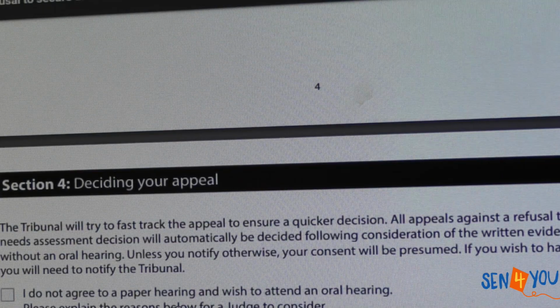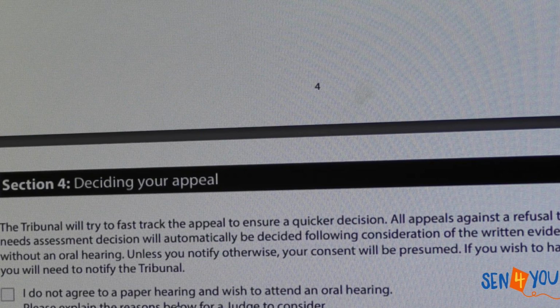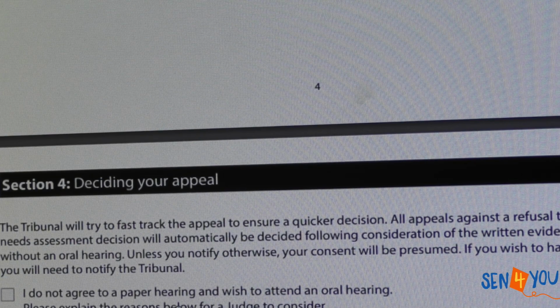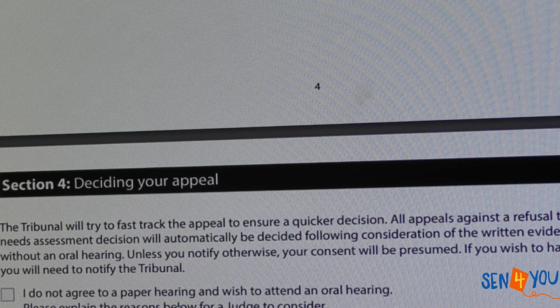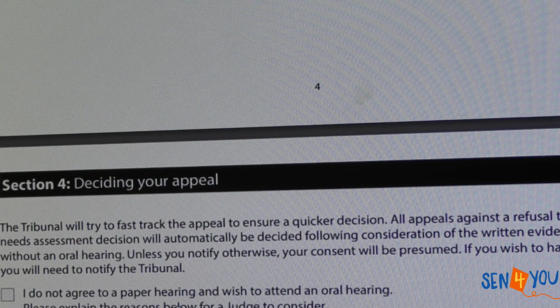Section 4. For refusal to assess cases, the SEN Tribunal generally hears them on the papers, but sometimes it will agree to have an oral hearing. So if you feel that you're not able to communicate effectively through written means, then ask for an oral hearing. Perhaps you've got a learning difficulty yourself, or you don't feel confident expressing your case in writing.